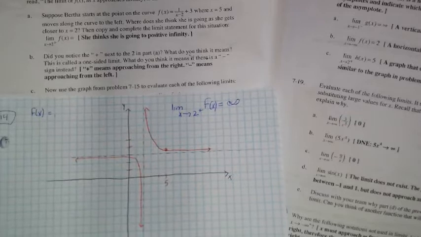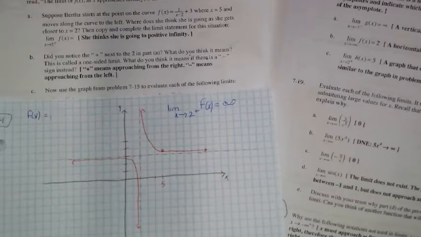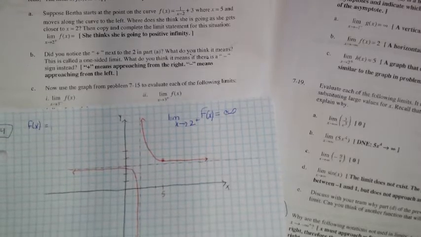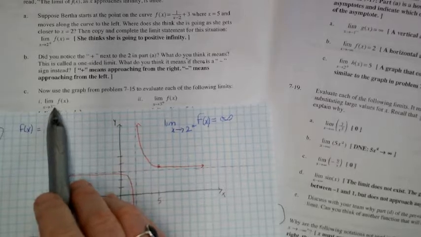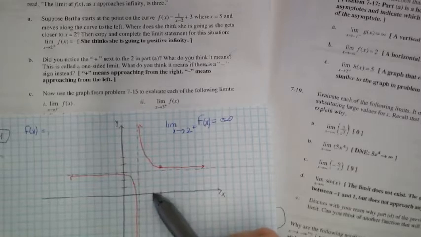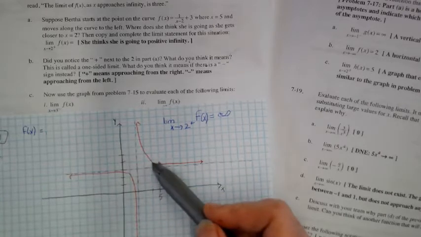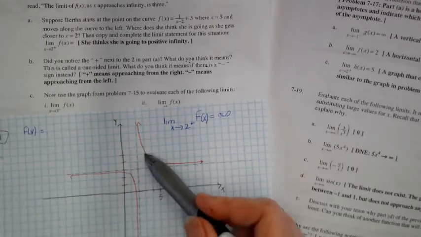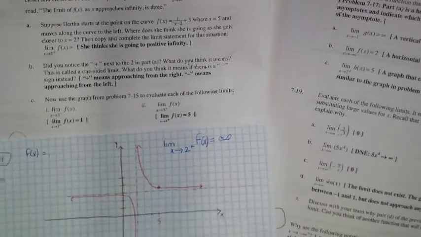Now use the graph from problem 7-15, which I think is the same graph, to evaluate each of the limits. Well, this says as x approaches 3 from the left. So where's 3? 1, 2, 3. And I'm approaching it from the left. Oh, wait.